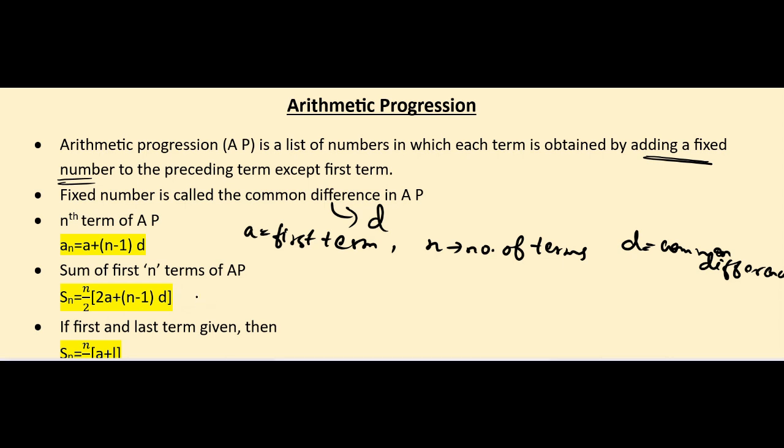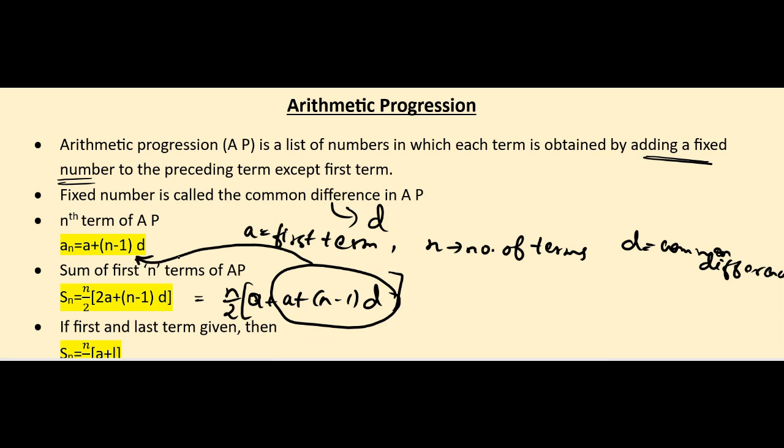Or you can write it as n/2 [a + (a + (n - 1) d)]. See here, this a + (n - 1) d is nothing but an, correct?